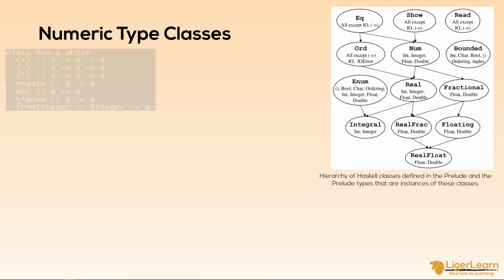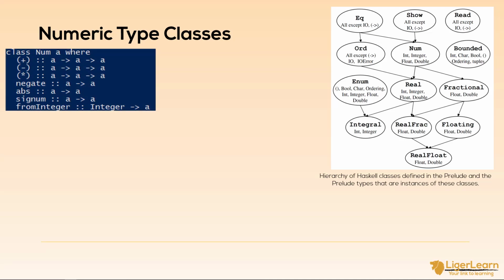Here is the definition of Num as defined by GHC. There are a number of things I want to highlight about this definition. Firstly, if we look at the type hierarchy, we can see that the Haskell specification states that the Num type class has a constraint. Any type which defines an instance of Num should also define an instance of Eq and Show.